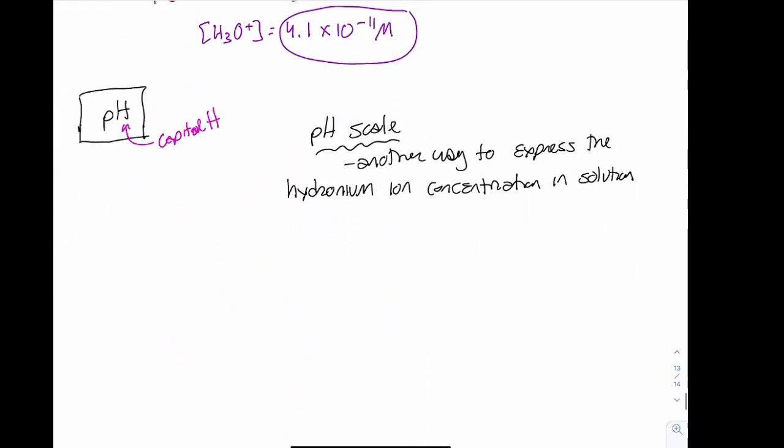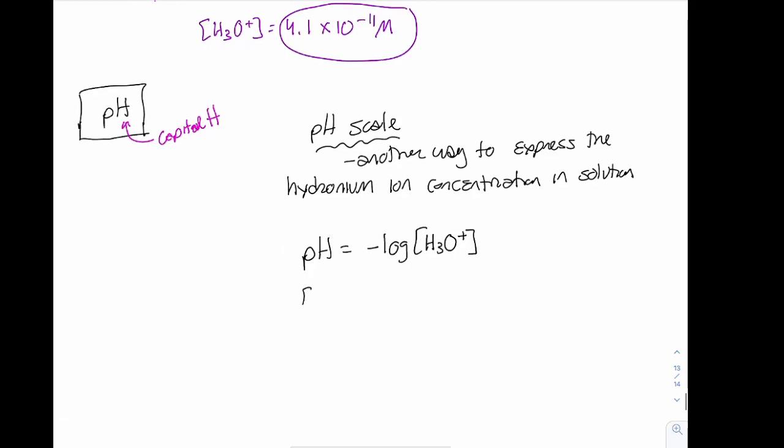So mathematically, how we're going to get to it is my pH is going to be equal to the negative log, and be careful, it's log base 10. We used a lot of logs in chapter 12, but they were natural logs. This is log base 10 of my hydronium ion concentration. And then if you knew your pH and you wanted to go backwards to calculate your hydronium ion concentration, it would be the anti-log.